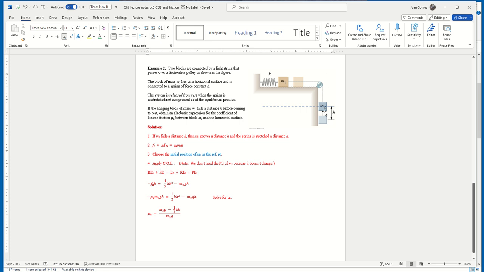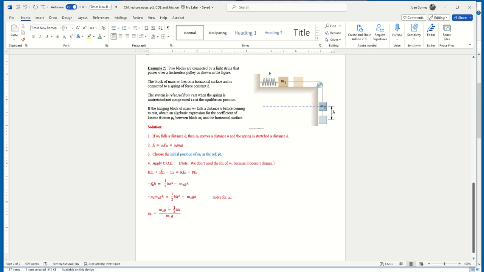PEI is 0 because initially M2 is at the reference point, meaning it has no potential energy. I don't care about the potential energy of M1 because the height of M1 never changes. I just want the PE of M2.